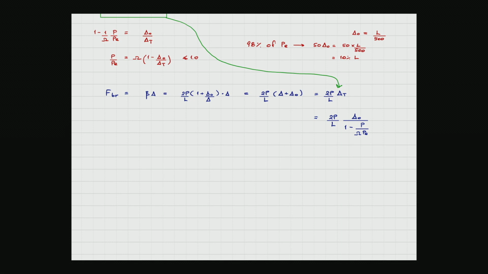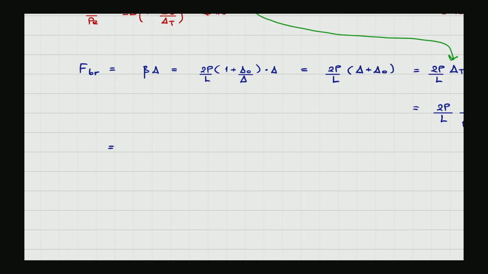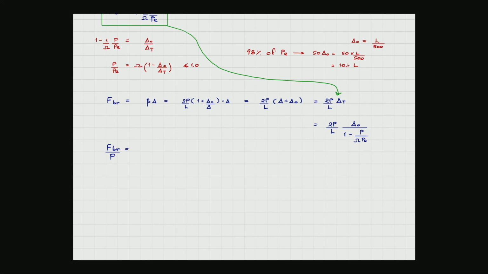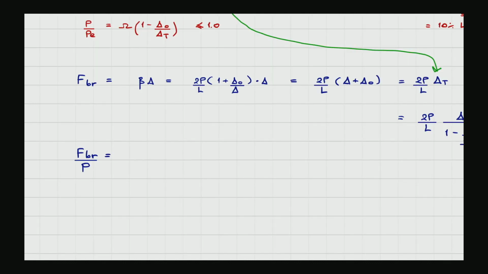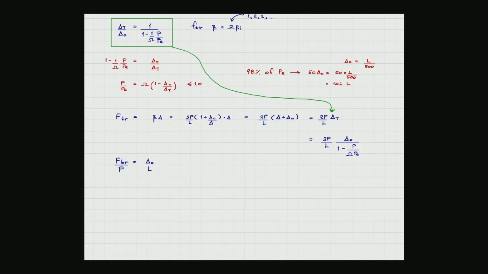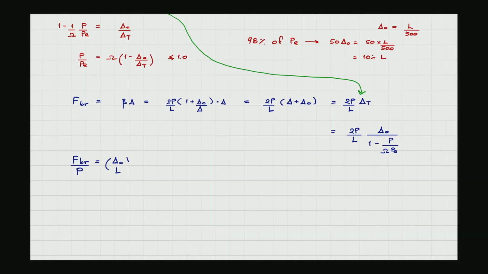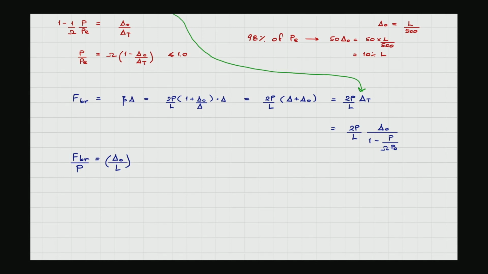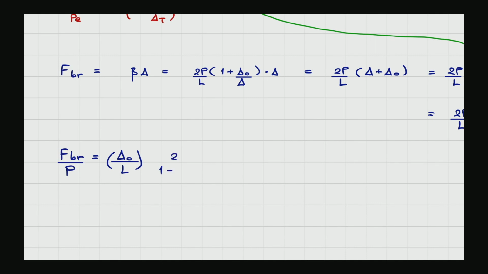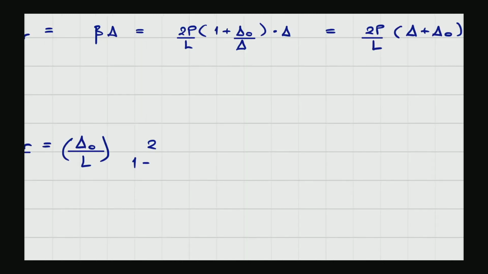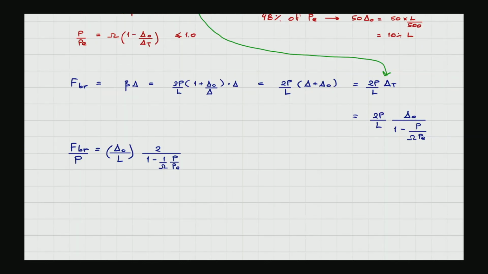Finally, the FBR is divided by P, and we're going to need the percentage of this one, equals delta naught over L times 2 divided by 1 minus P over PE. Turns out to be this form.